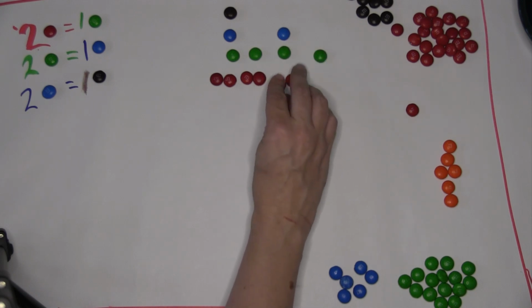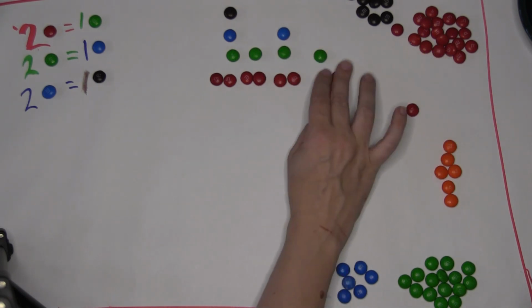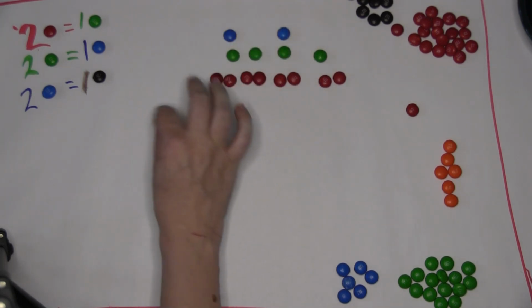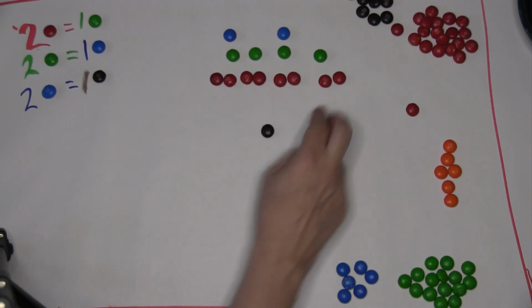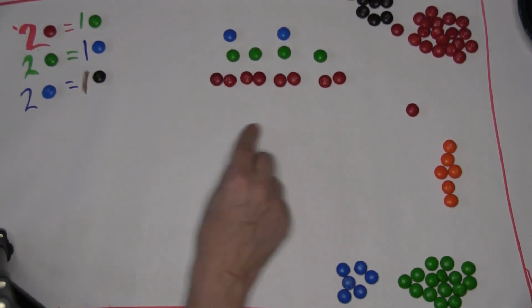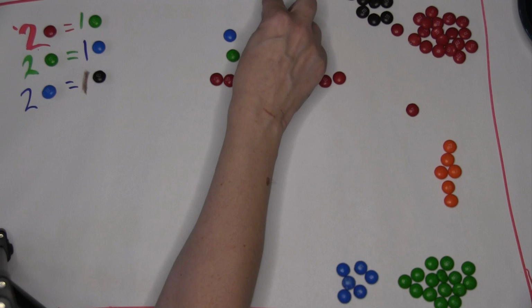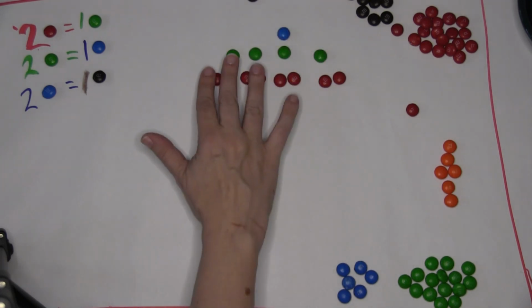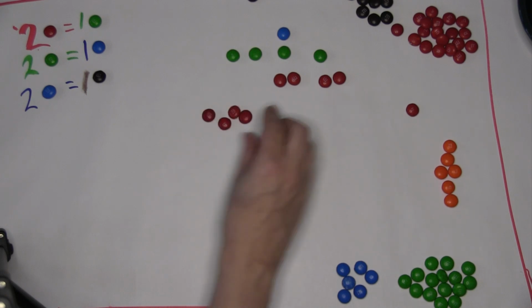Break the greens into 2 even little pieces of red M&Ms, and now we're going to have 8 that take up the space of the entire brown M&M. 1 brown equals 8 reds, or 4 greens, or 2 blues.